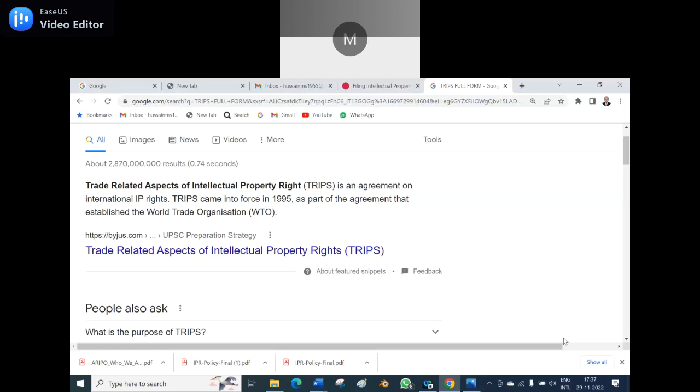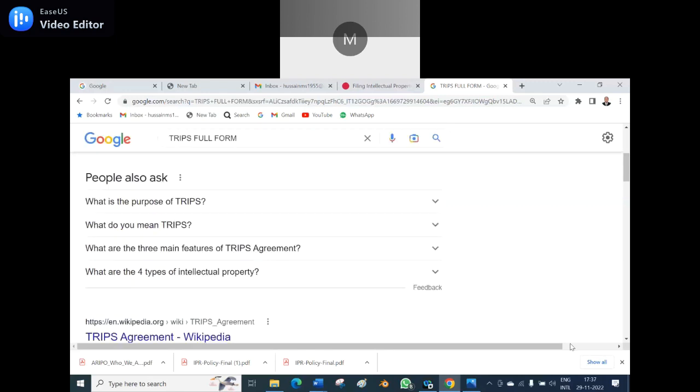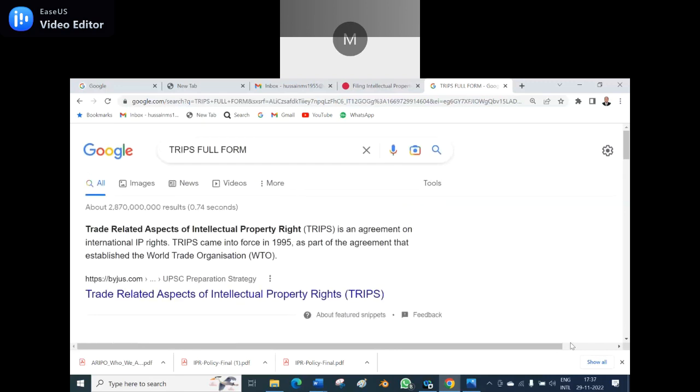Property, P is there. What about S here? They made such rights, property rights.